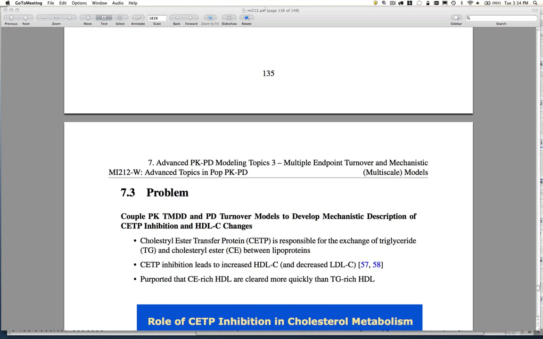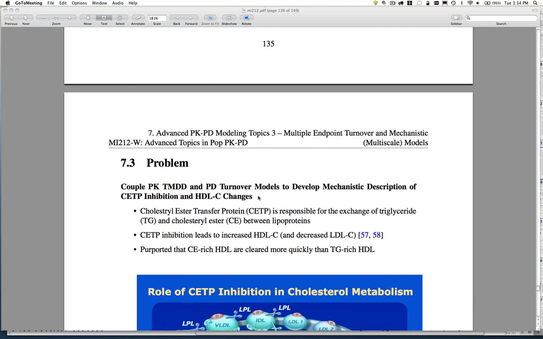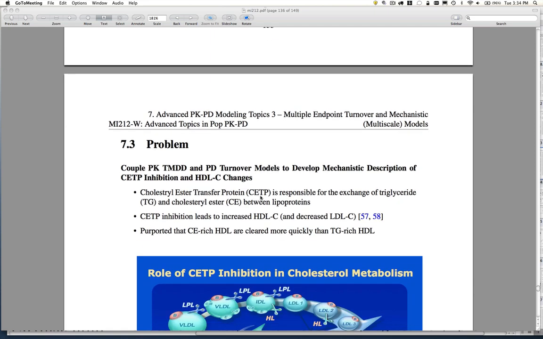Okay, so I don't see anything else coming through, so we'll proceed into the problem. This is a hypothetical situation that I've put together here, but based on a real therapeutic target. What I've done is taken the observed data and come up with what I thought would be reasonable parameter estimates for a given model, and then simulated out some data.